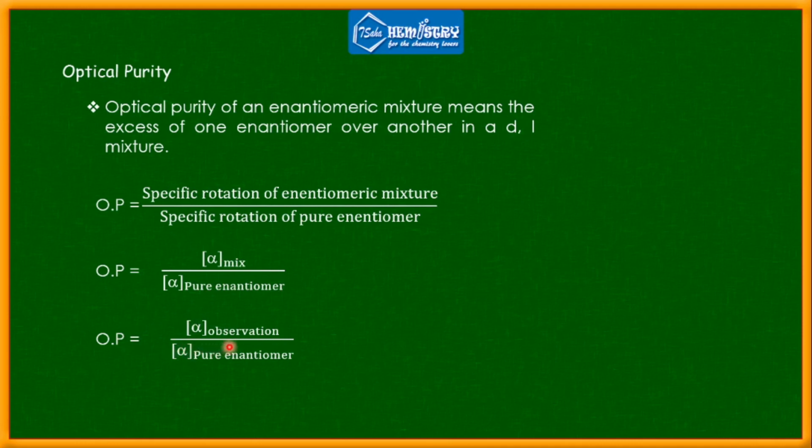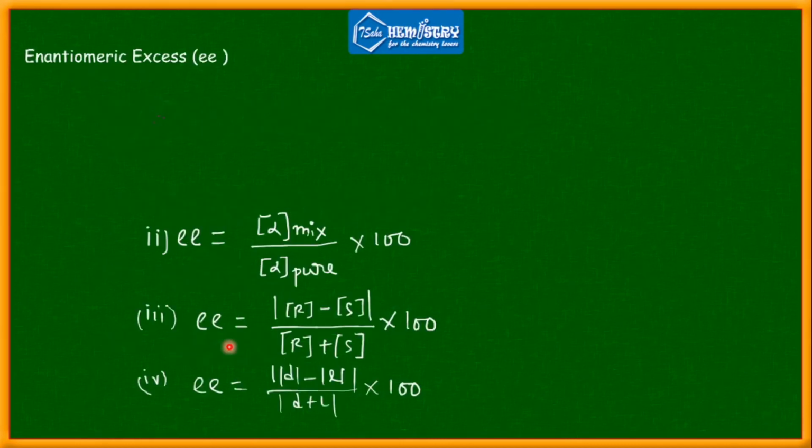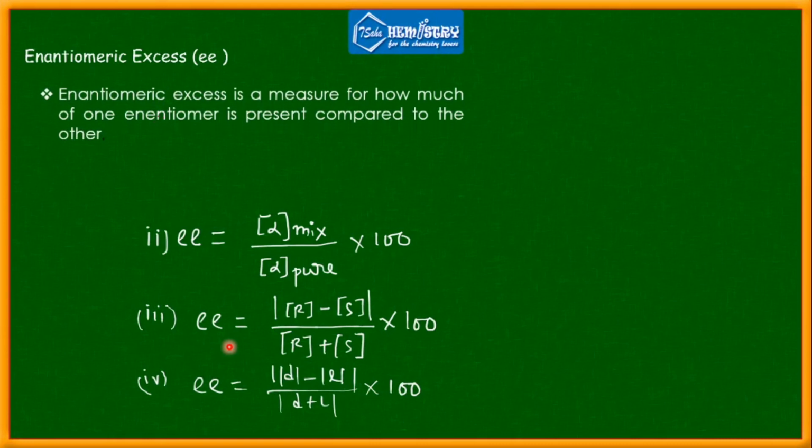Now, in this slide we are going to discuss what is enantiomeric excess. Enantiomeric excess is a measure of how much of one enantiomer is present compared to the other. This is a very important concept, so try to understand.